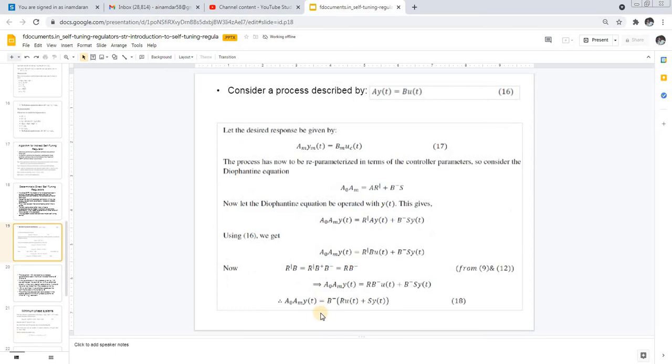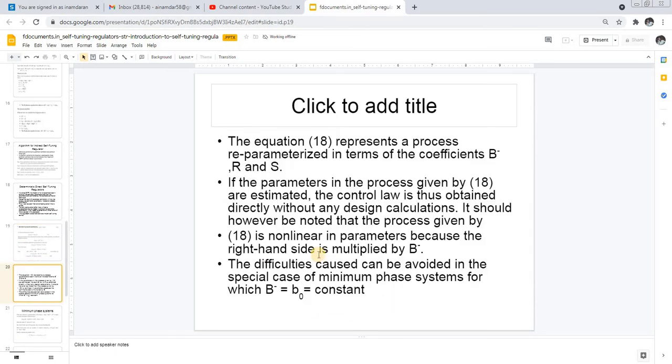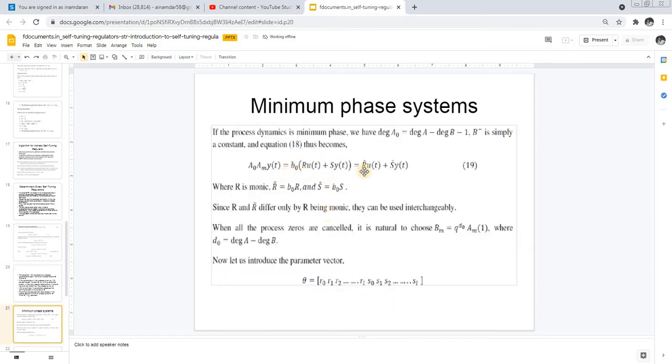Just instead of B' B minus we write B naught and the rest as it is. Because of the introduction of B naught, this can become R' and S', where this capital R is monic because the highest polynomial degree it has is 1, and R' equals B naught times R and S' equals B naught times S.